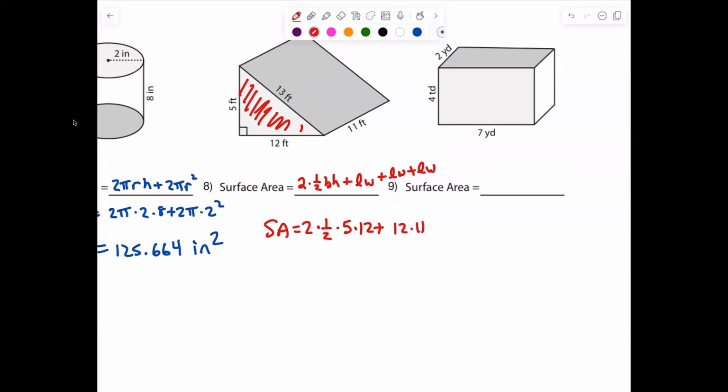What are the dimensions of the rectangle to the left? 5 times 11. And what's the rectangle on the top? 13 times 11. All right, I'm pretty happy with that. Wait, so it's 5 times 11 times 13 times 11? No, plus. Thank you, buddy. That was really good.